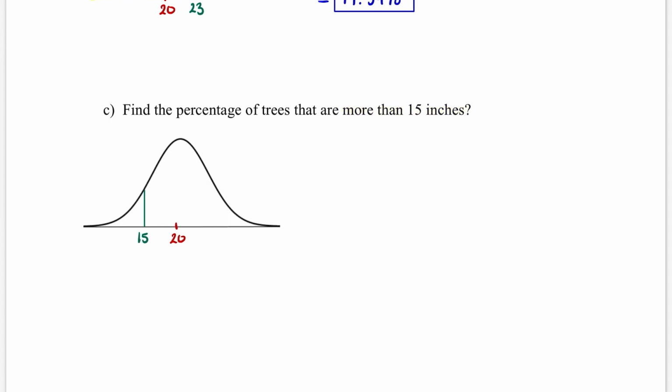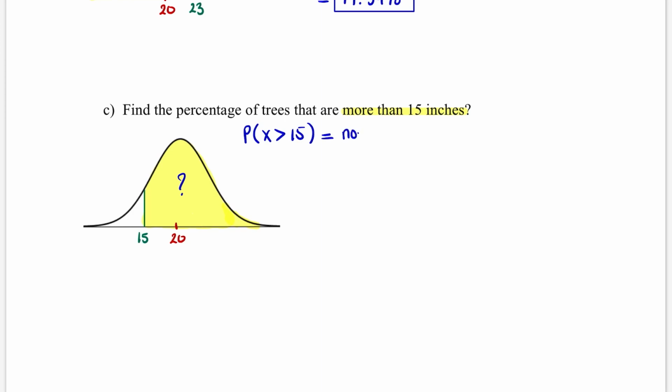And I want to find the percentage of trees that are more than 15 inches. More than 15 inches are the numbers that are to the right of 15 inches. So I'm looking for this right region here. Probability of x is greater than 15.